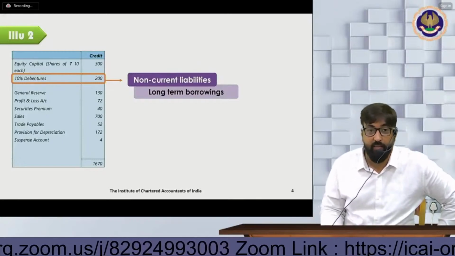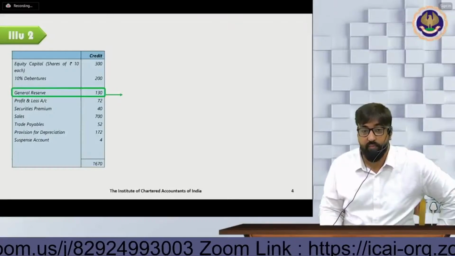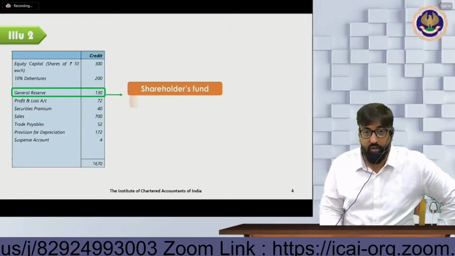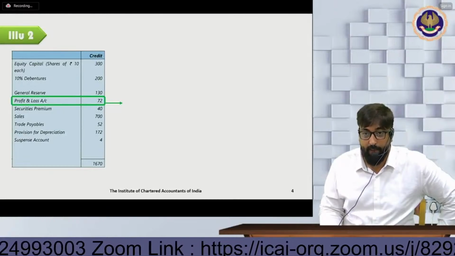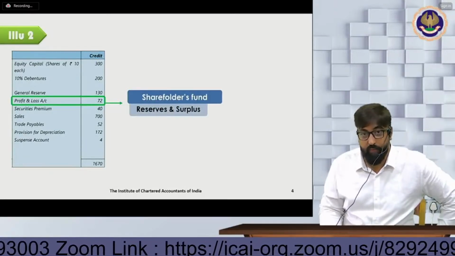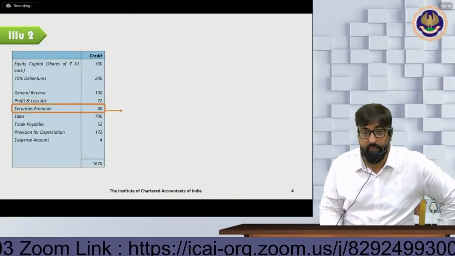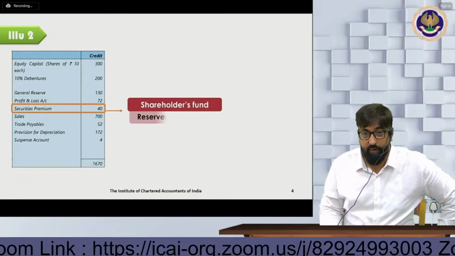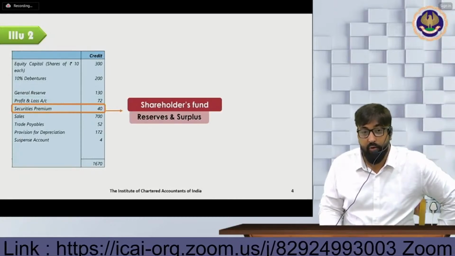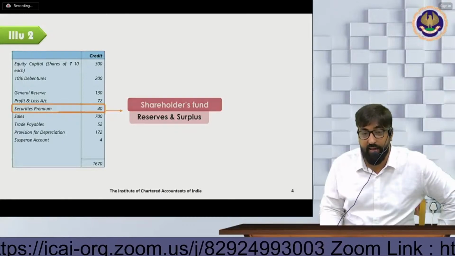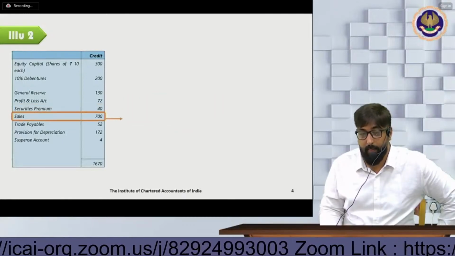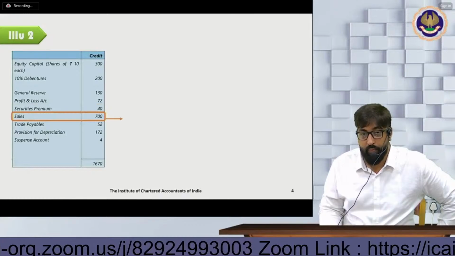Yes, tell me Nidhi. General reserve. Reserves and surplus. Very good. Profit and loss. Reserves and surplus. Very good. Securities premium. Reserves and surplus. Very good. Everyone, please write down over there. Reserves and surplus, R&S. Sales.